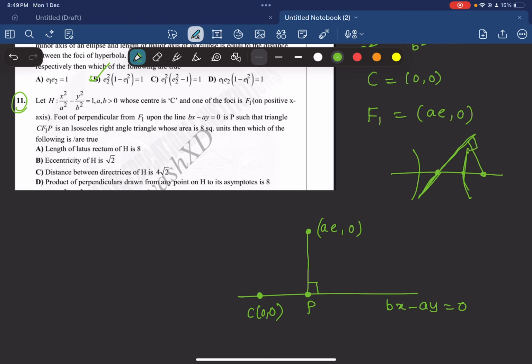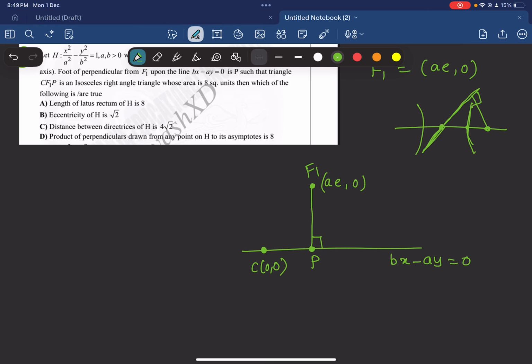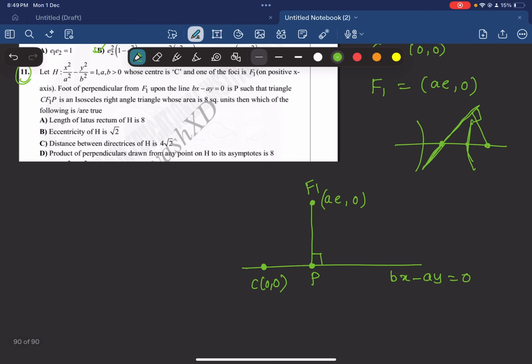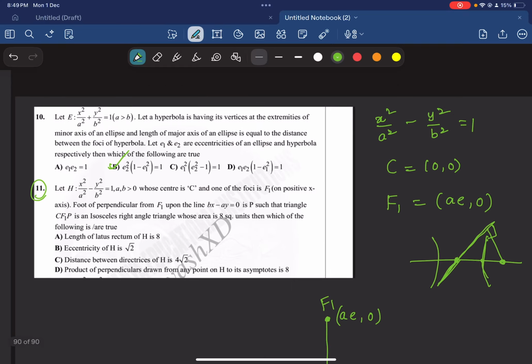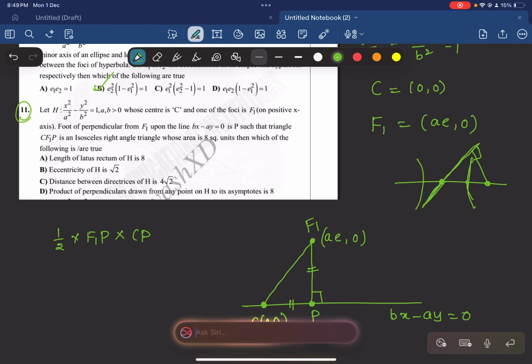So what is given? CF1P. So this is F1. Such that CF1P is an isosceles right angle triangle. So these two lengths are equal, and the area is 8 square units. So half multiplied by F1P multiplied by CP is equal to 8.